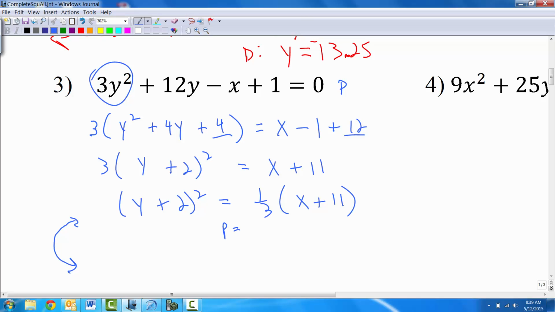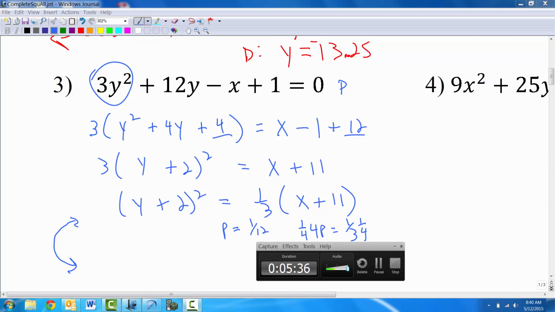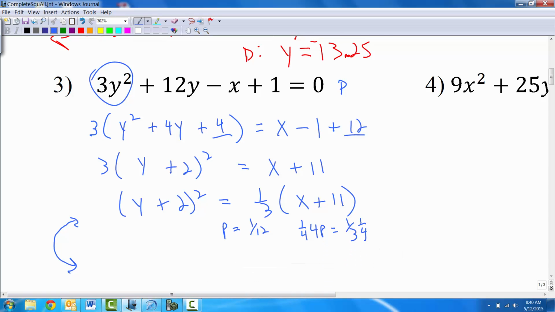What's P? The key. What's P? Uh-oh, no one's answering. This is awkward. It's 1/12 because 4P equals 1/3, and then you multiply by 1/4 on both sides to solve for P. So that's why P is 1/12.